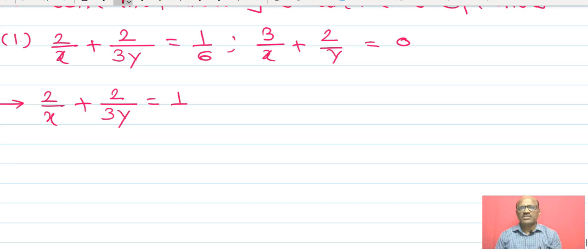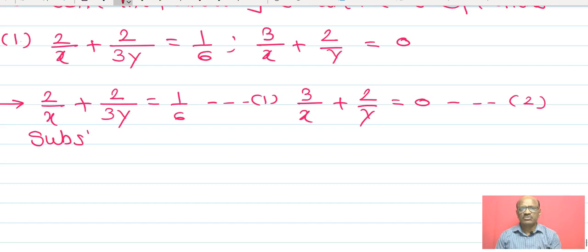That is 2 upon x plus 2 upon 3y is equal to 1 upon 6. This is equation number 1, and 3 upon x plus 2 upon y is equal to 0. This is equation number 2.